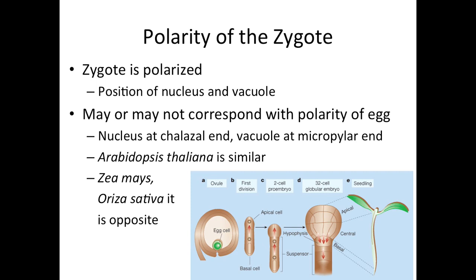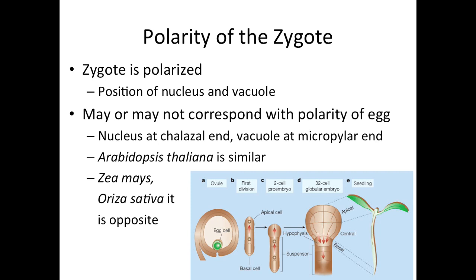All right, so just like we talked about in the female gametophyte, the zygote has polarity. And a lot of this is carried over from the female gametophyte because remember, the embryo and the zygote are developing within the ovule, and the ovule matures to become the seed.